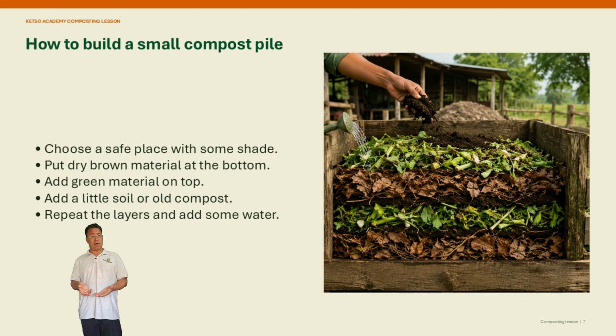It will take time to build your compost heap. It is not something you finish today. But you can just start the first day you get time. You just put the leaves you gather in the compound. Some people get mango sticks there, somebody sweeps the compound. The leaves are what you first put there. That is the brown leaves. Then later, sometimes after 2, 3, 4 days, inside the kitchen you gather the cassava peels, the peels from any kind of fruit you eat, eggshells too. All those things, you keep them.